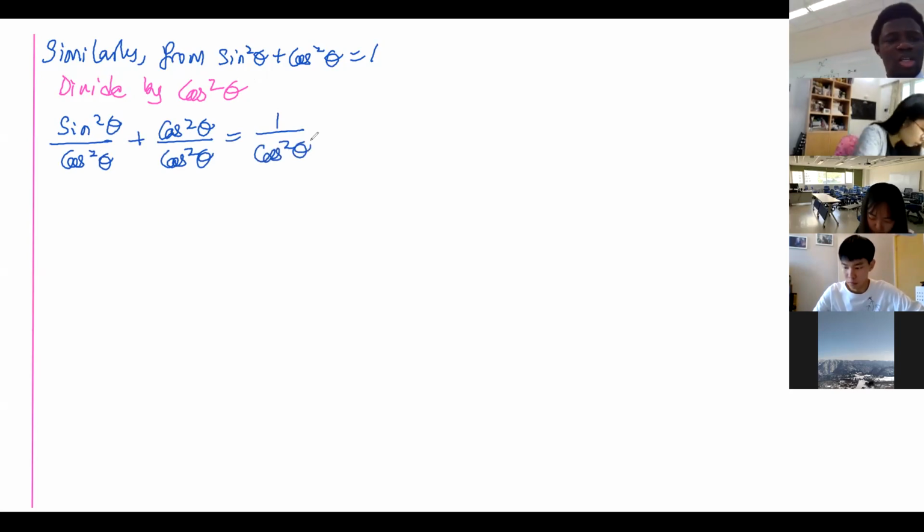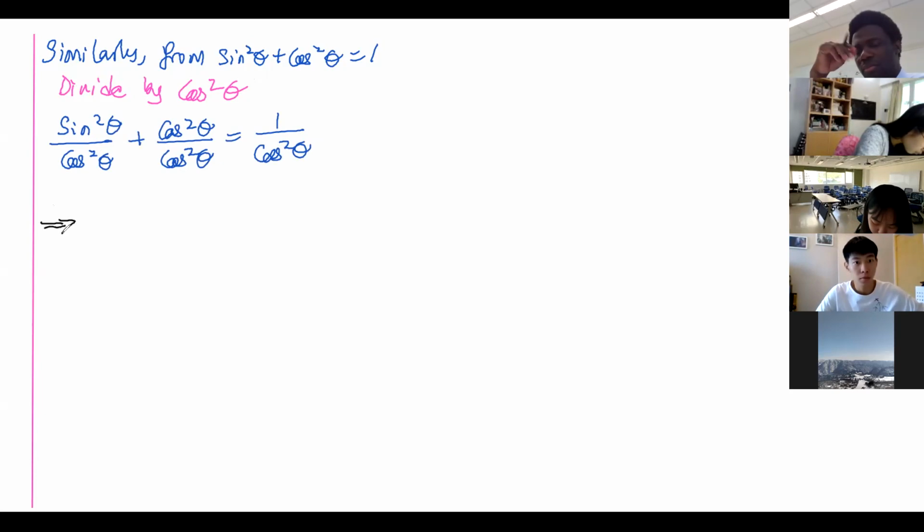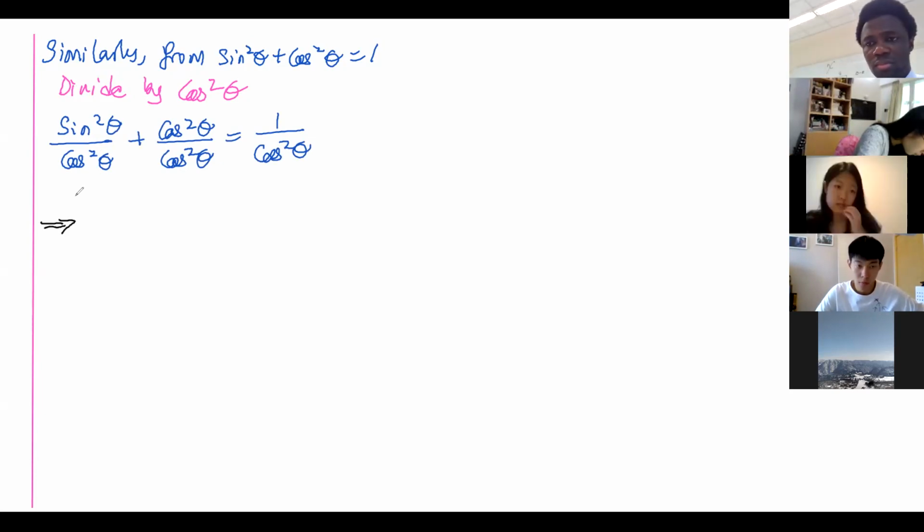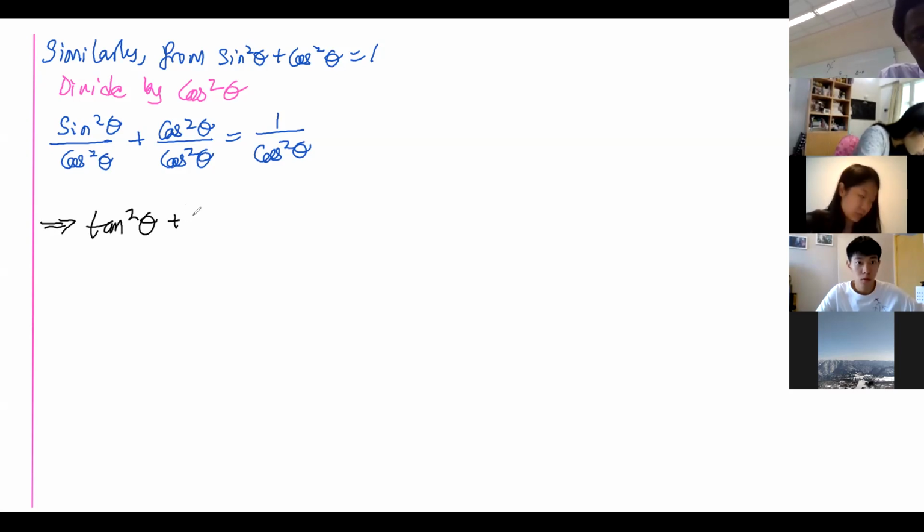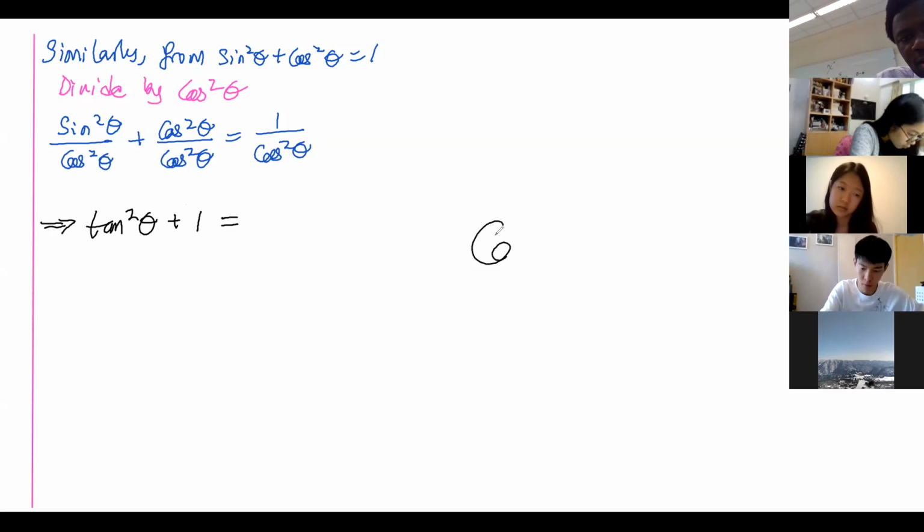Can someone who has not spoken please tell me what this gives now? Tan squared theta, thank you, Karen, plus 1 equals cosec square theta.